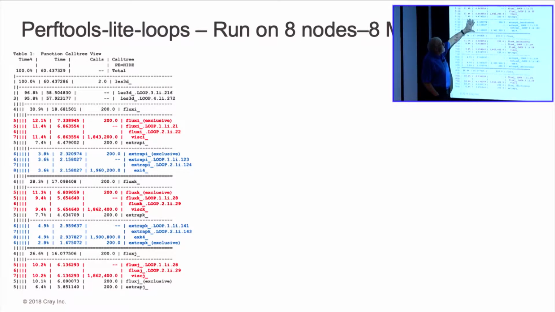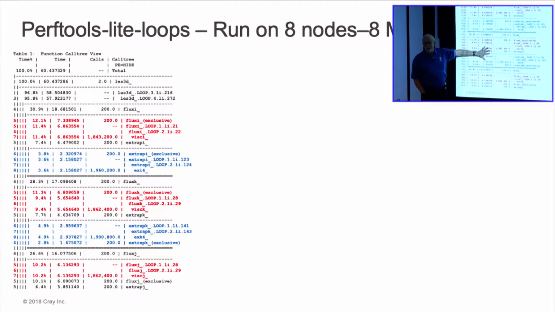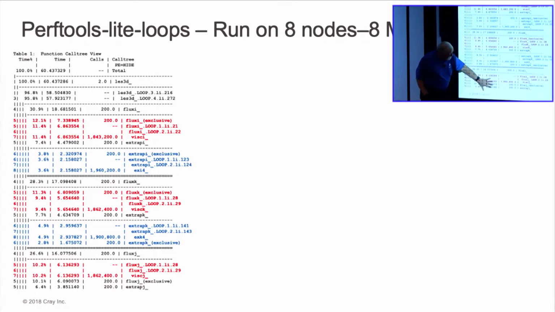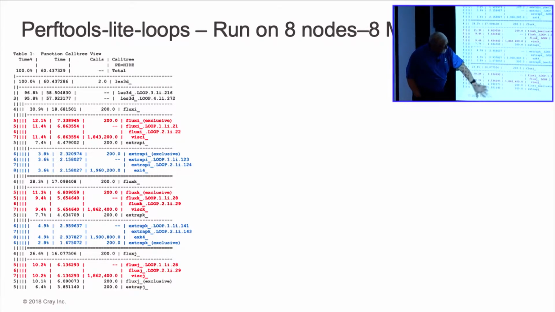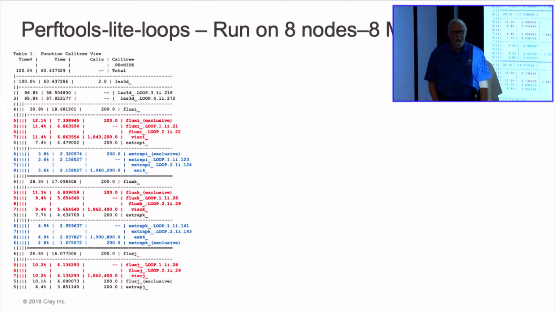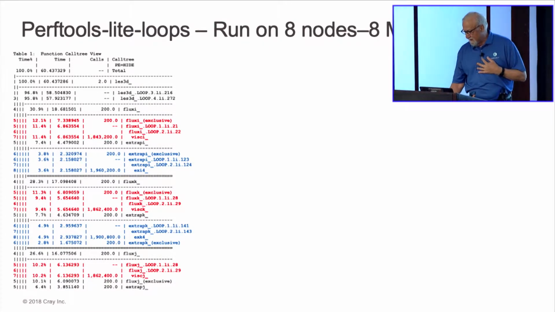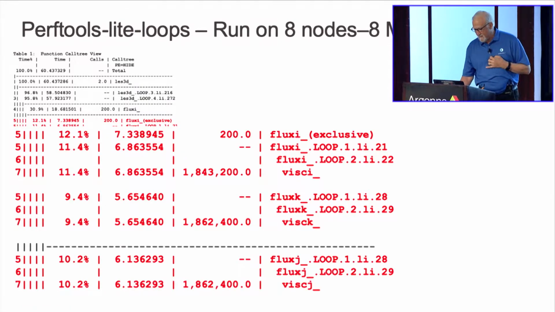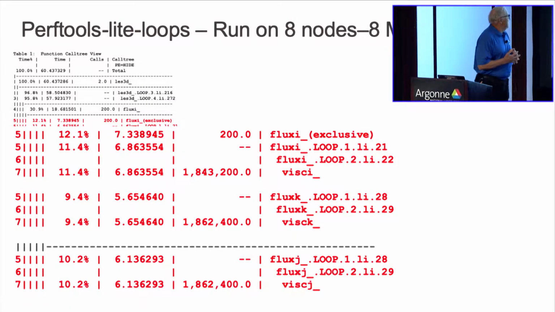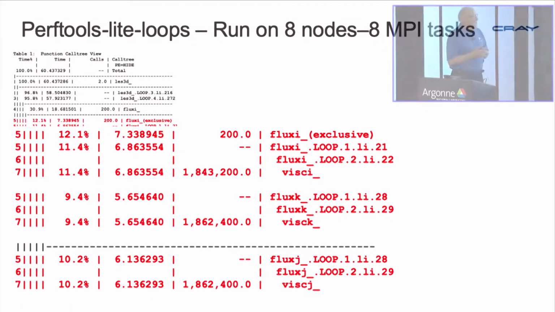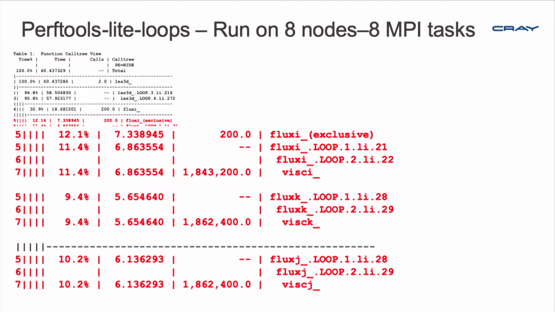All right, so you see you have a structure for flux I that's very similar to the structure for flux K, that's very similar to the structure for flux J. They're just 3 sweeps through the grid. So these are the first 3 loops that we really want to attack.